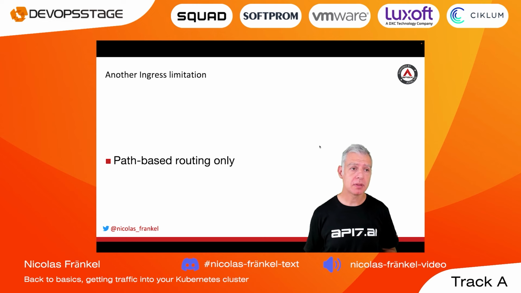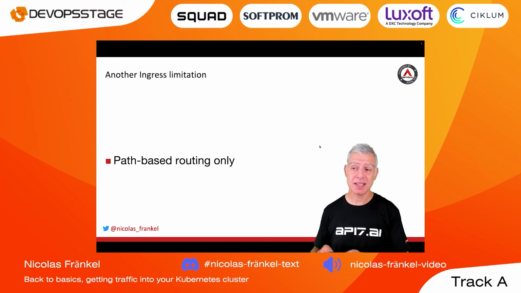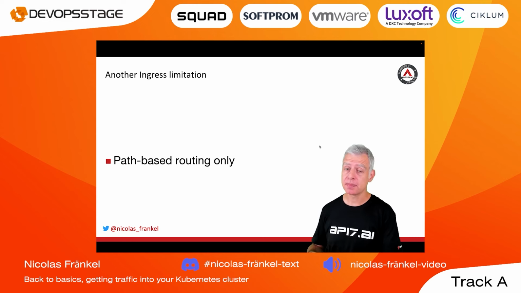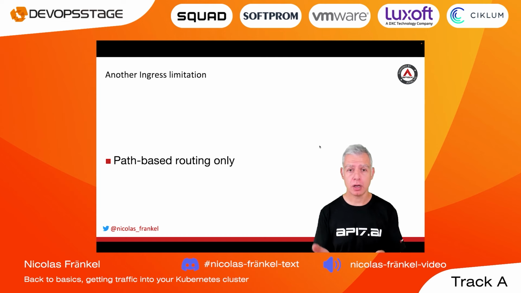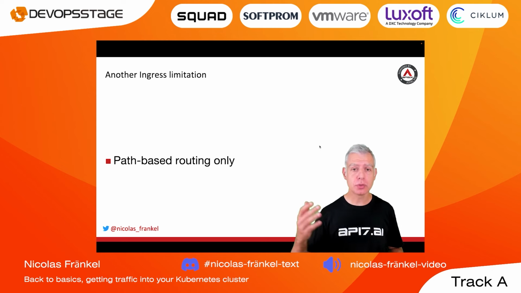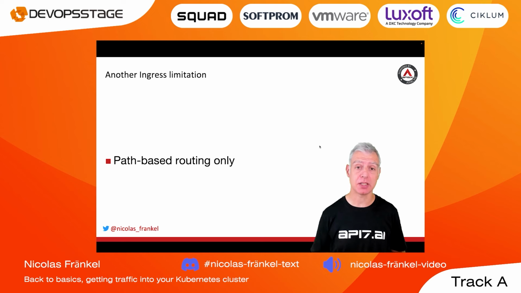At the moment, the Ingress is only path-based. So you cannot have two versions of your application in a pod and say, okay, I want to version them through headers. You need to use path-based routing. This is a severe limitation, in my opinion.